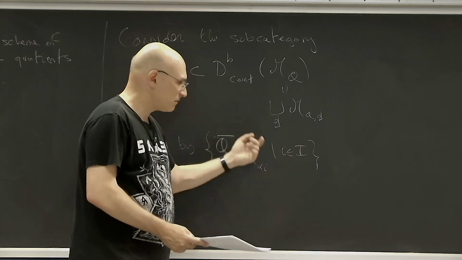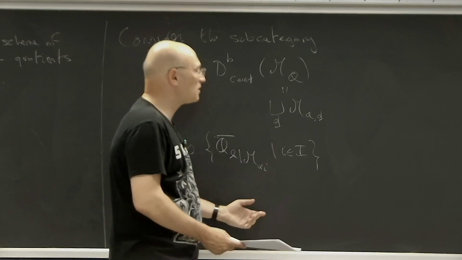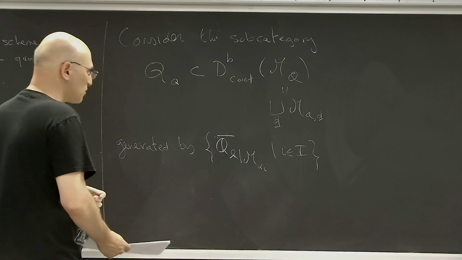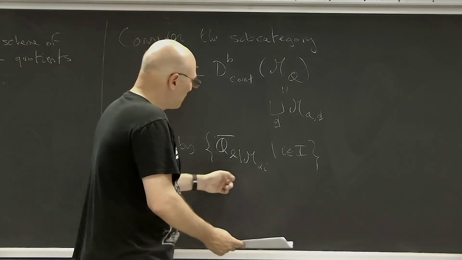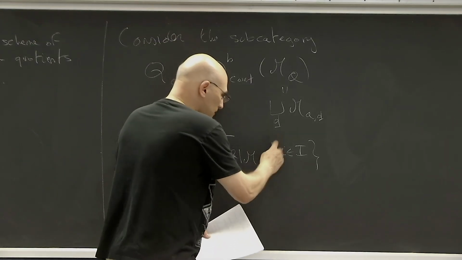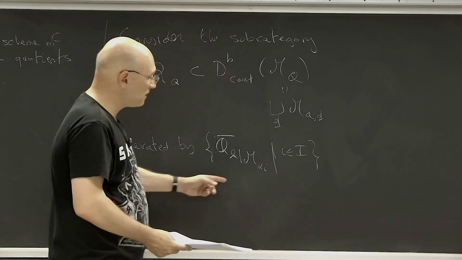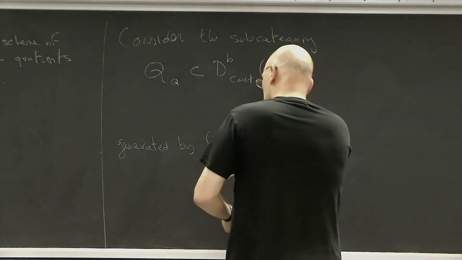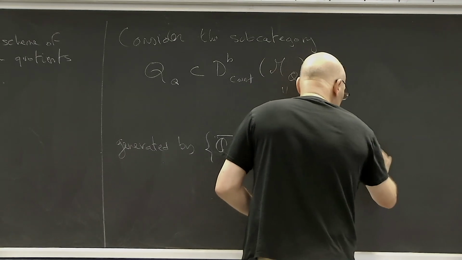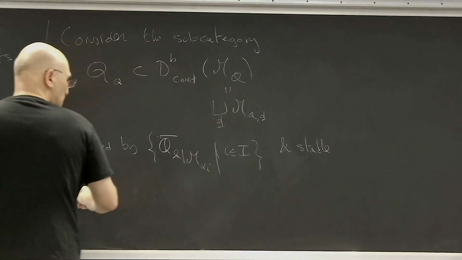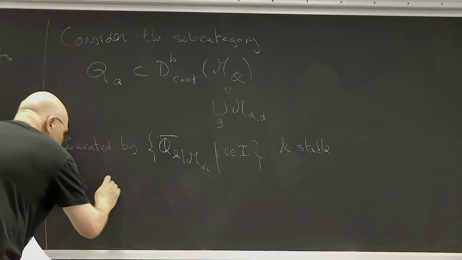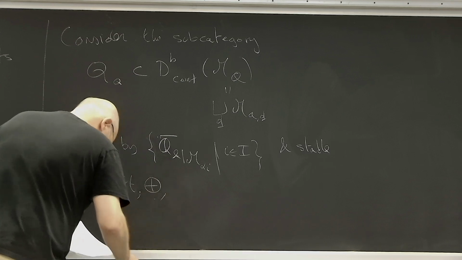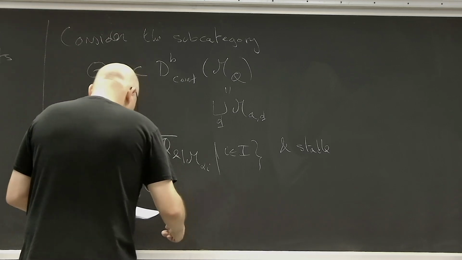So I'm looking at G_m equivariant perverse sheaves, but I don't keep the G_m equivariant structure. It's just a constant sheaf. And so I have these guys, and then I see whatever they generate. So it should be stable under shift, direct sums, direct summands. This is what I mean by generated.